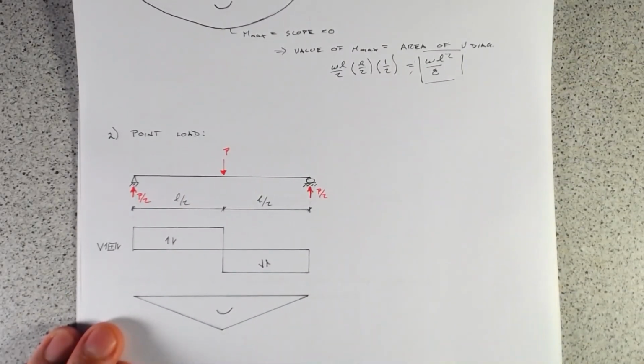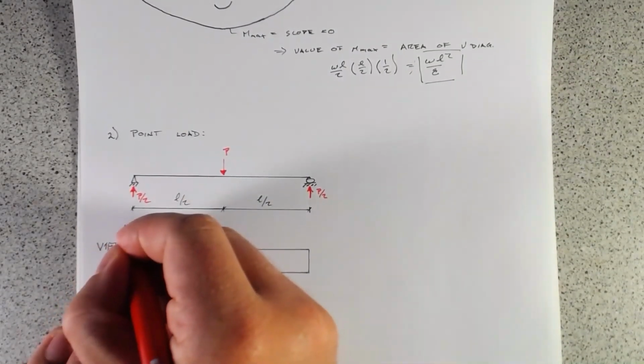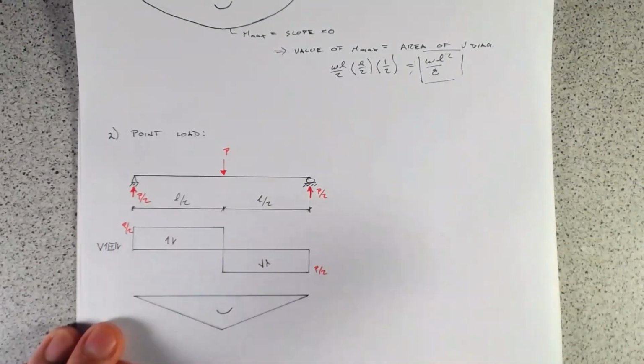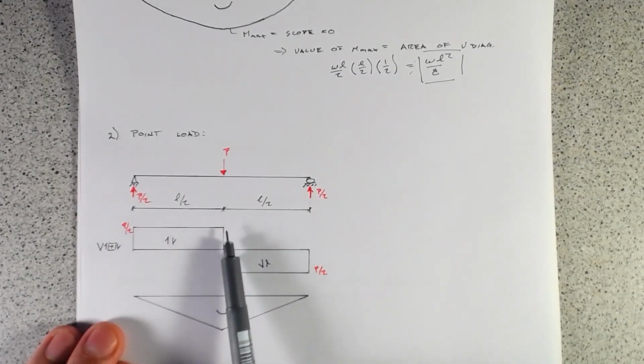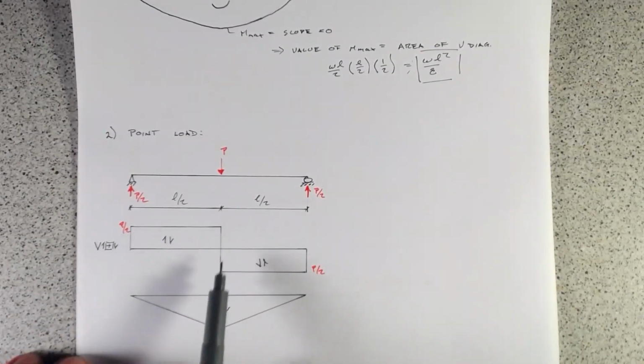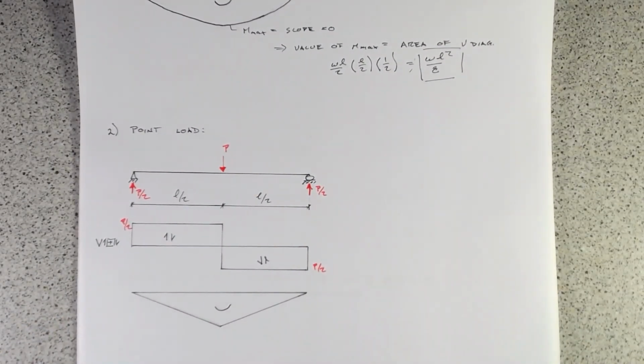So again, we're going to have force values of P over 2, and this is a good point: we must have our shear force and bending moment diagrams close in order to have everything in equilibrium.